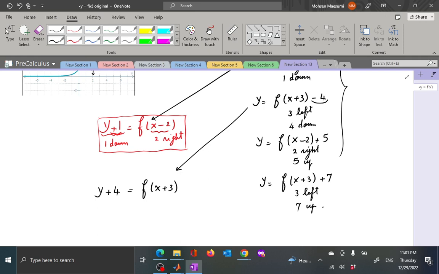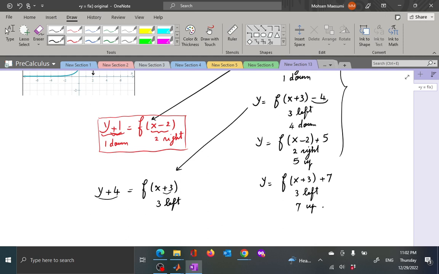Now, the movement is the opposite of the substitution that you are doing. You have replaced x by x plus 3. The movement that it causes is the opposite of what you see here, which means 3 left. And you're adding, it causes movement to the left.